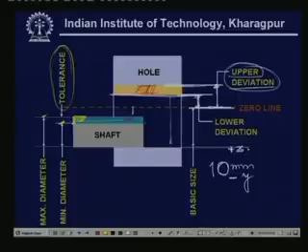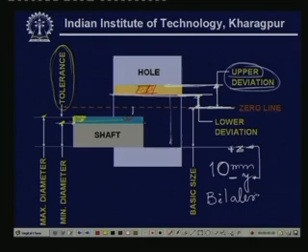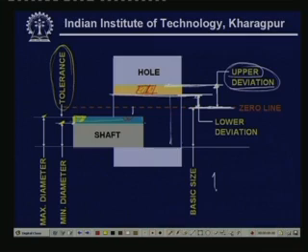Now, this way, if you are giving the tolerances both on the upper side and the lower side, then it has got a name, which is called bilateral. And in case you give the same dimension, once again 10 mm, having minus side 0.0 and plus side say x, then it refers to a unilateral system.